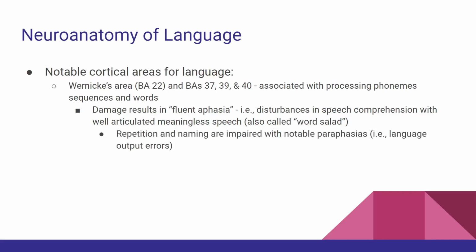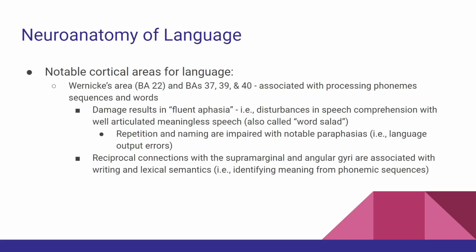This type of injury also tends to disrupt repetition and naming abilities, and they display what's called paraphasic errors, which are language output errors. That can include using the wrong word in the wrong situation, or adding in syllables to a word that aren't there, or mixing up syllables within a word.